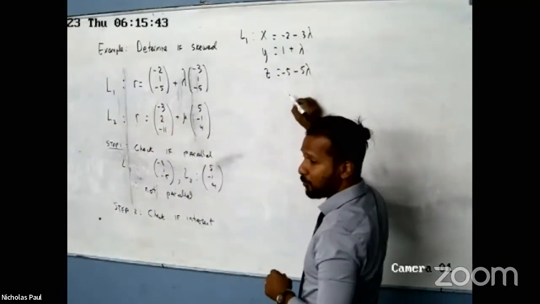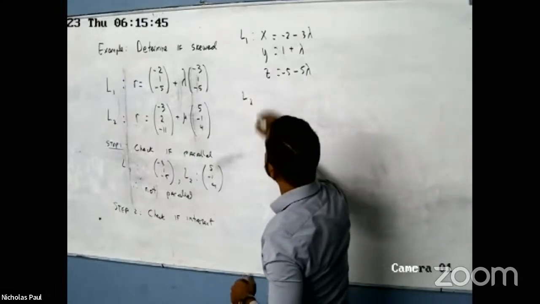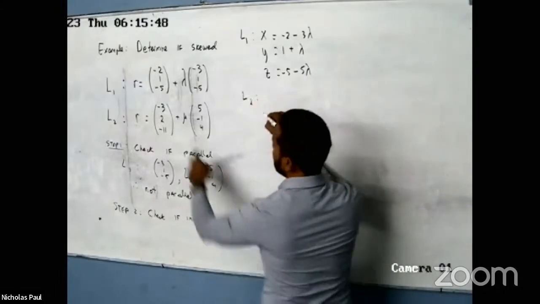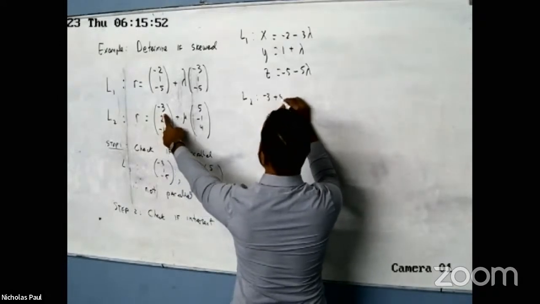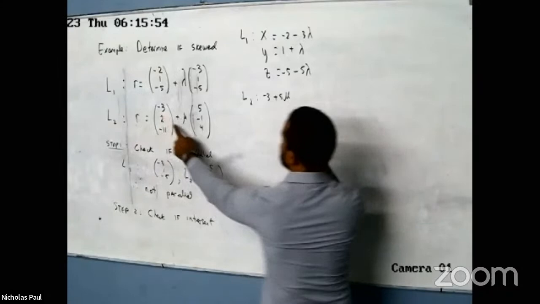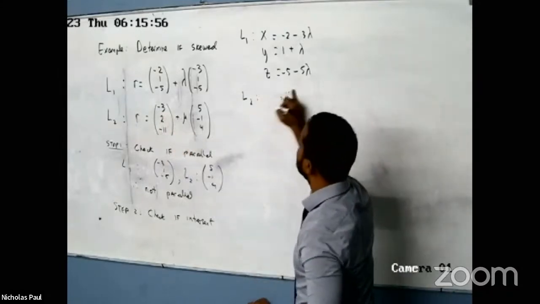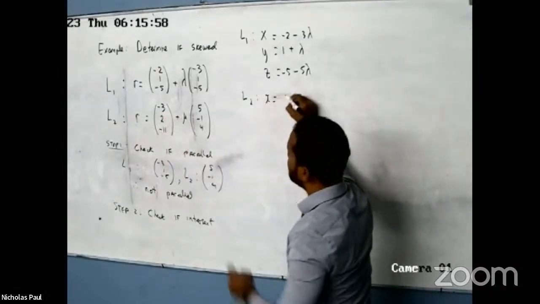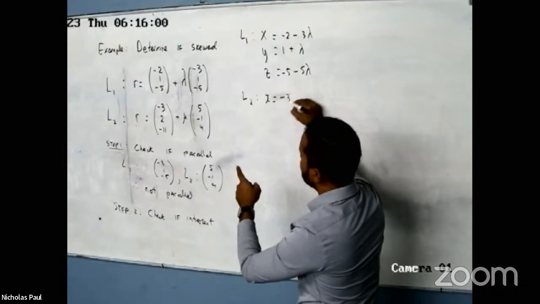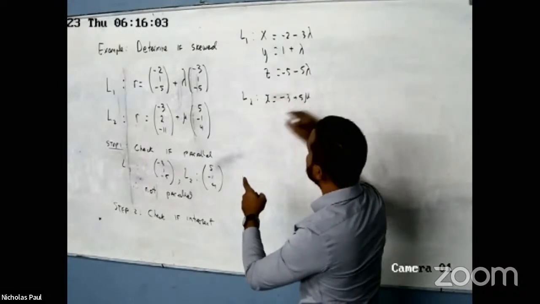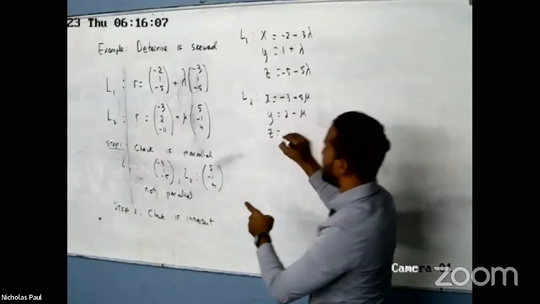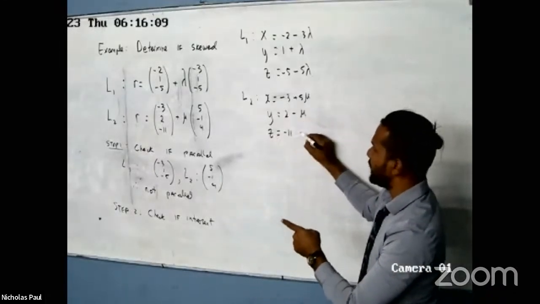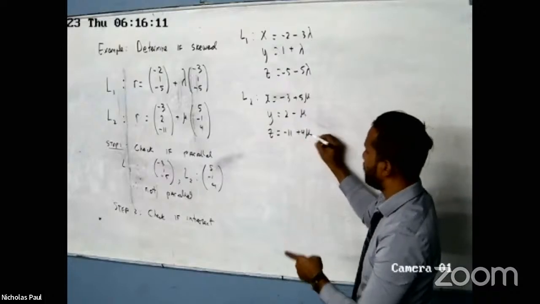That's L1. L2 now: x is equal to -3 + 5 mu, y is equal to 2 - mu, and z is equal to -11 + 4 mu.